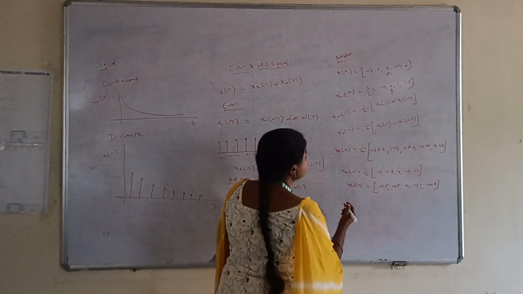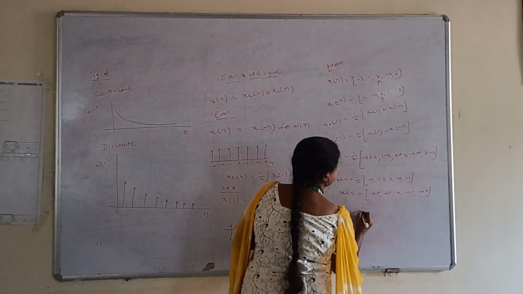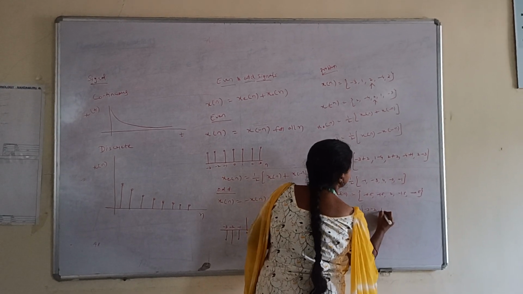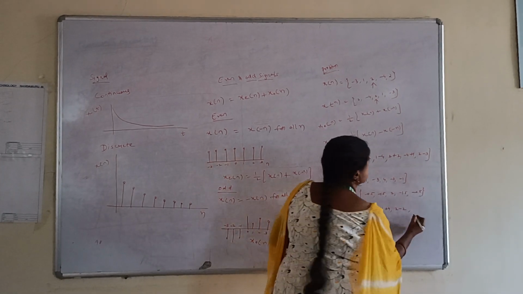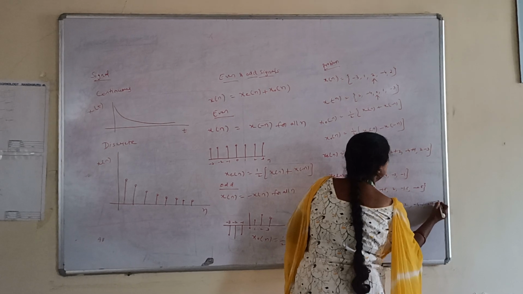In the same way we find the odd component of the signal, Xo of n. So -3 minus 2, 1 plus 4, 2 minus 2, -4 minus 1, and 2 plus 3.